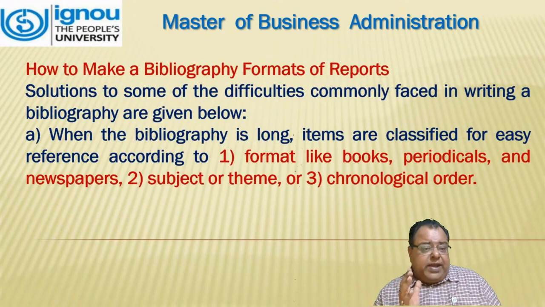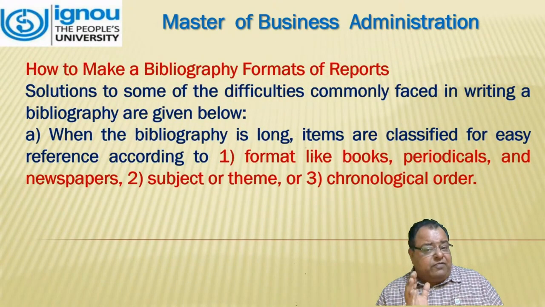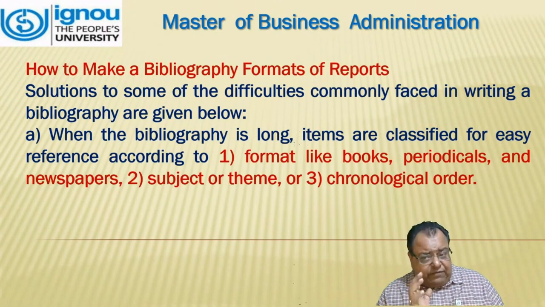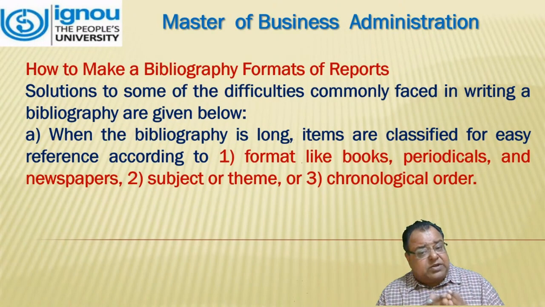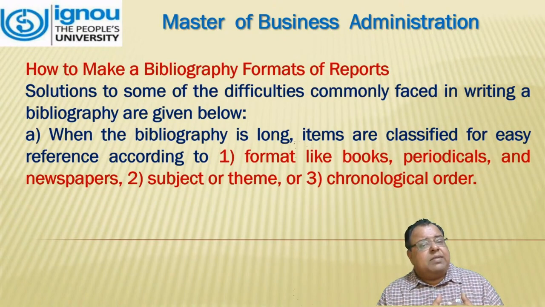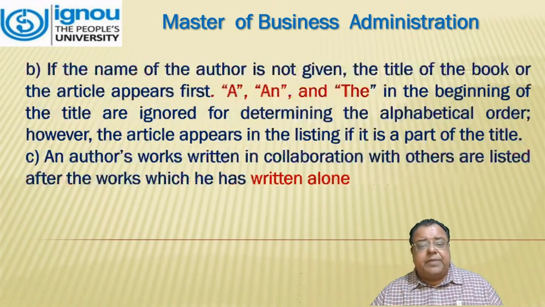Now, how to make a bibliography format of a report? Solutions to some of the difficulties commonly faced in writing a bibliography are given. When the bibliography is long, items are classified for easy reference according to format like books, periodicals, and newspapers, subject or theme, or chronological order.